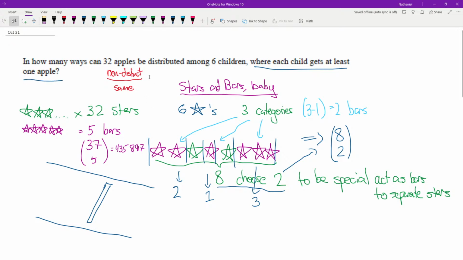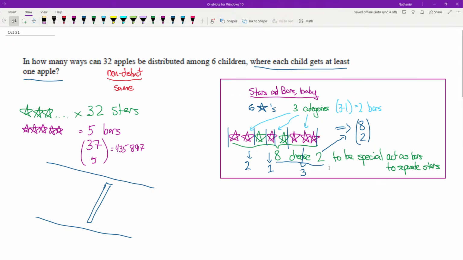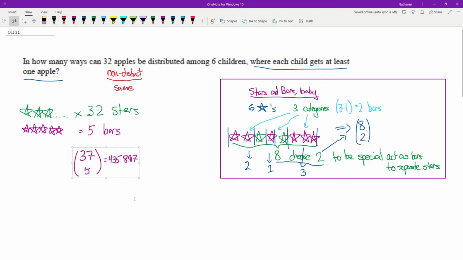First, let me clean things up a bit. Let me get my grocery stick out of here. And this doesn't look so bad. So where each child gets at least 1 apple. Well, what that means is we don't really have 32 apples in the pot because we have to give each child an apple first.